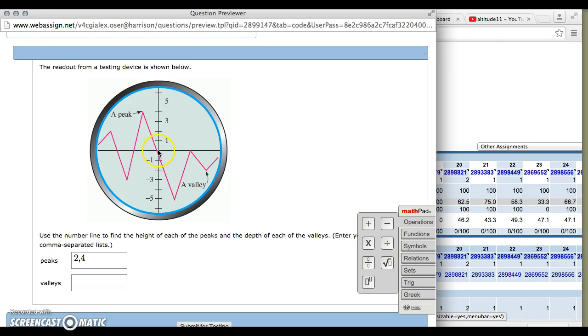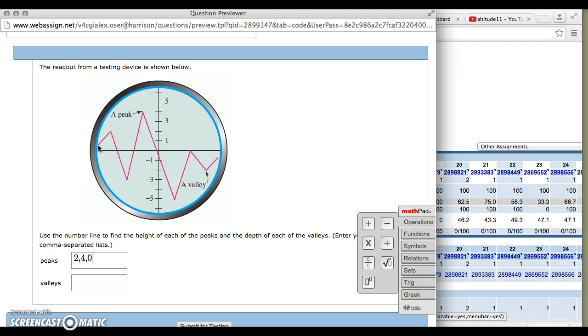That might seem a little bit weird that a peak has a value of 0, but in this case it would. And then it comes back down to a valley, and then it comes up. Notice here that this line does not come up and then go back down, meaning that this here is not a peak, because we do not know what occurs outside of this device. For all we know, this line is going to continue to go up. So that would be your final value for your peaks.